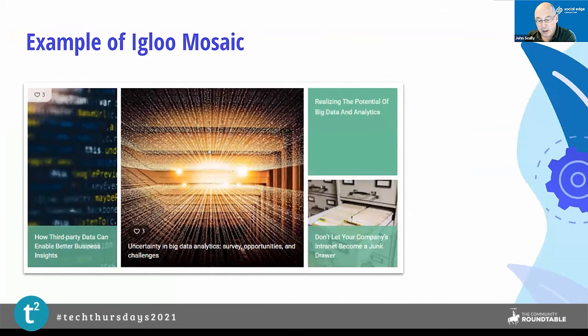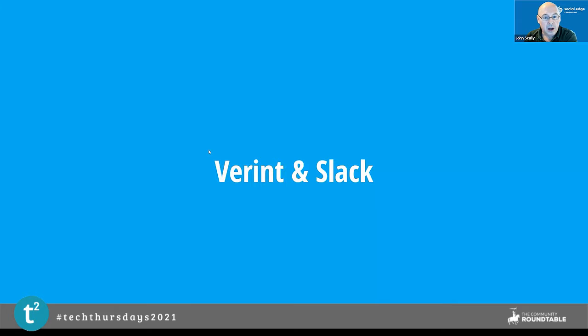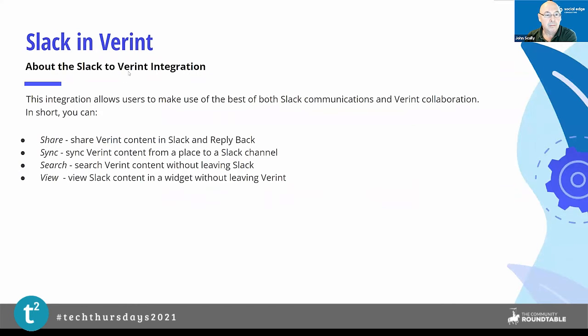All right, so that was a high level of Mosaic. Verint on Slack. Again, an integration that is driven by customer needs and requirements defined by the customer, right?